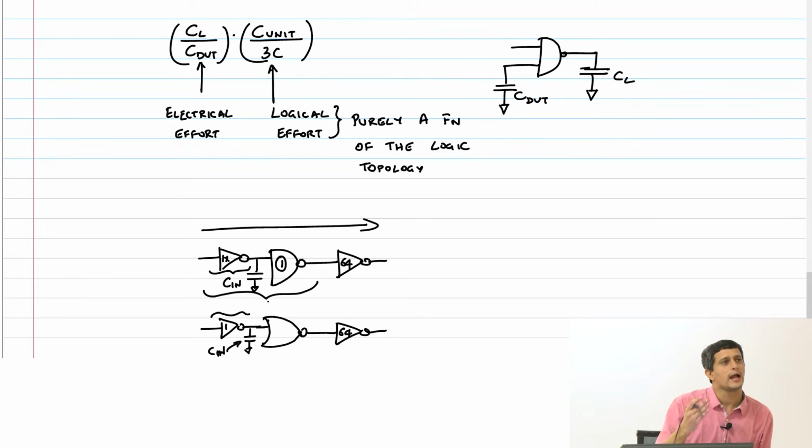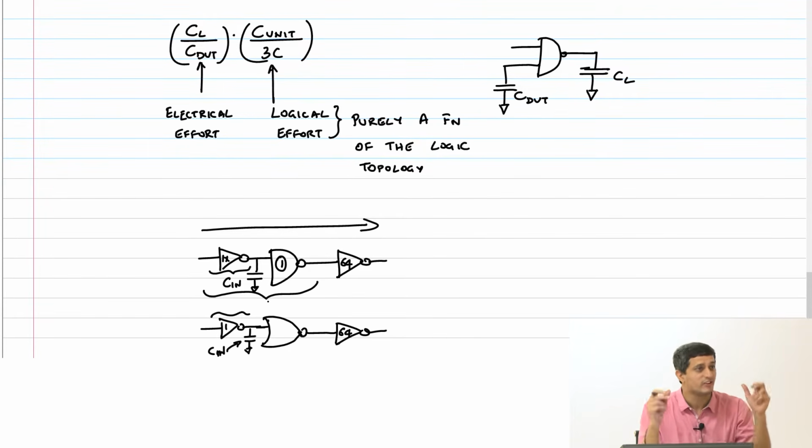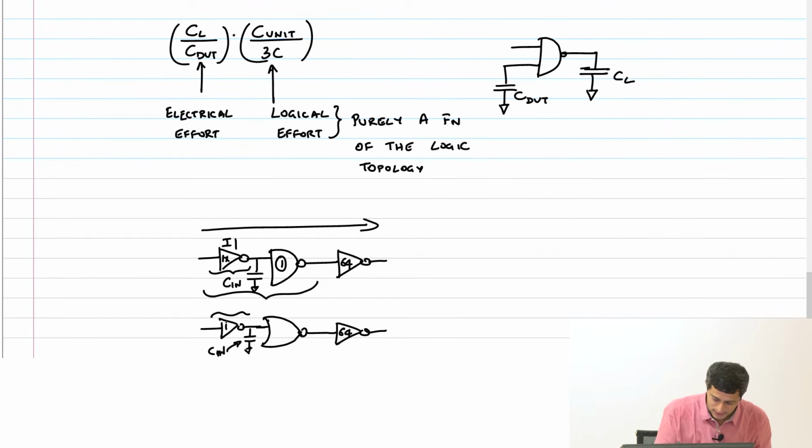So the first thing I have to do, in order to compare a NAND and a NOR, which seems an otherwise meaningless thing to do, is to normalize the input gate capacitance of both these gates. Only then the delay of I1 in both cases will be the same.